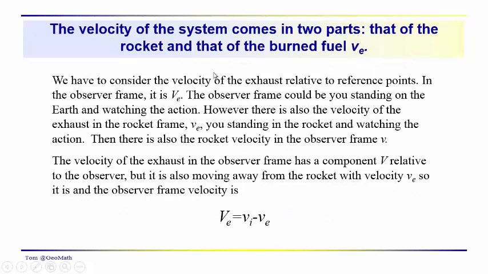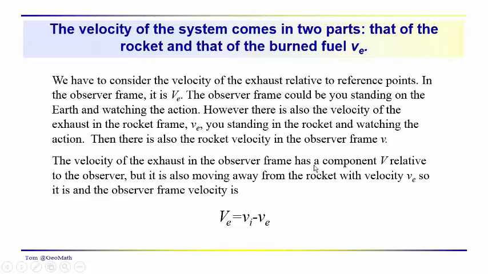I've tried to boil this down into parts. This exhaust velocity does come in two parts, and it depends on your reference frame. In the observer frame, that could be you standing on the Earth, it's going to be v sub e. But if you're inside the rocket, it's going to be little v sub e. Watching the action, you'll see the exhaust go off at a velocity v sub e.